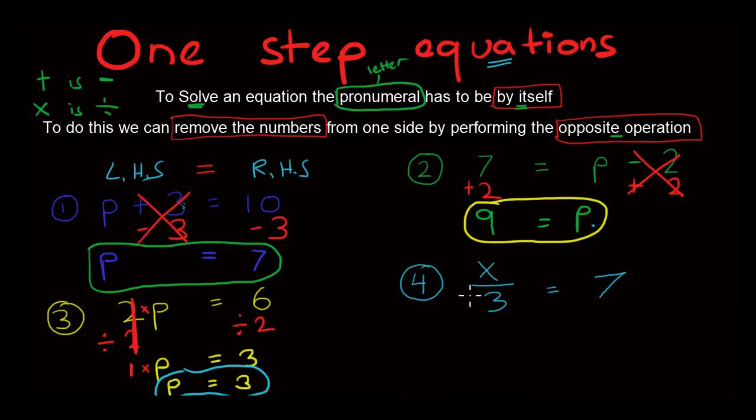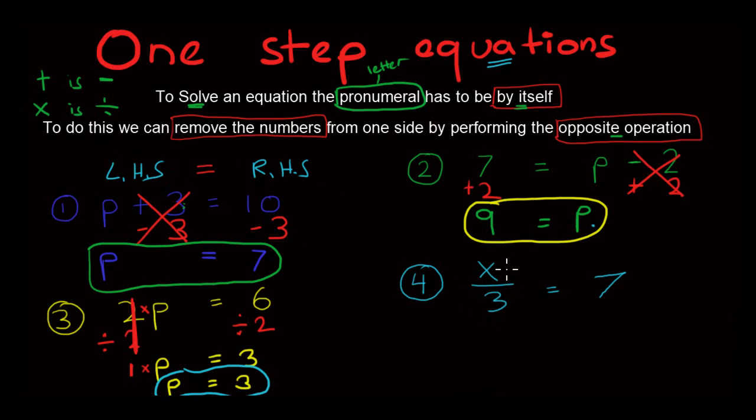Now for number 4, we have x over 3 equals 7. Remember, anything in the denominator, which is the bottom of the fraction, we can't see it, but it basically means x divided by 3. If it's in the denominator, on the bottom, it always means divided by. So if it's divided by, we have to do the opposite to get rid of it. Remember, the opposite of divided by was times.